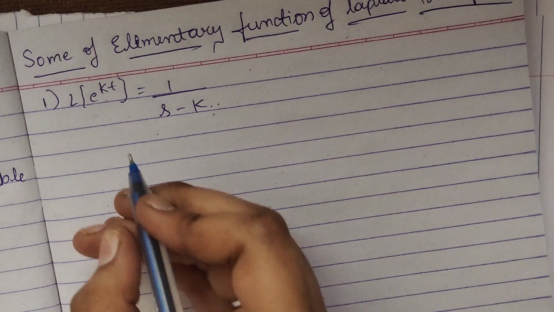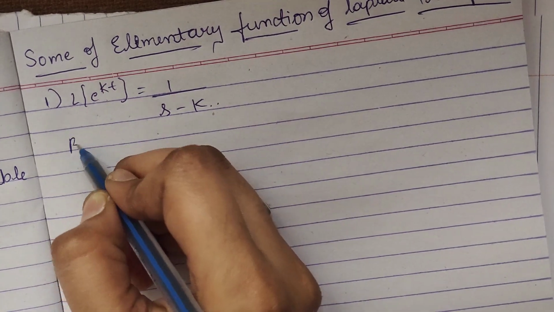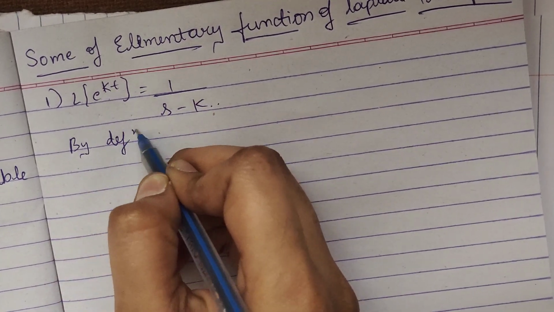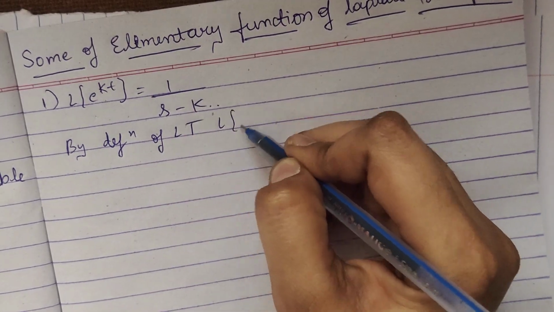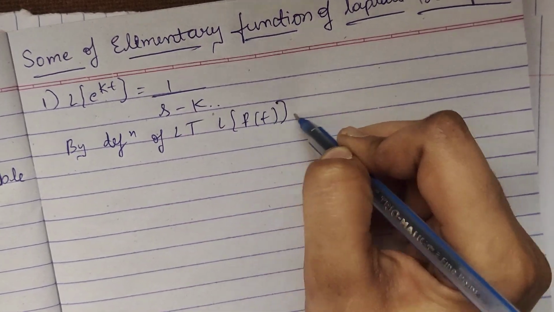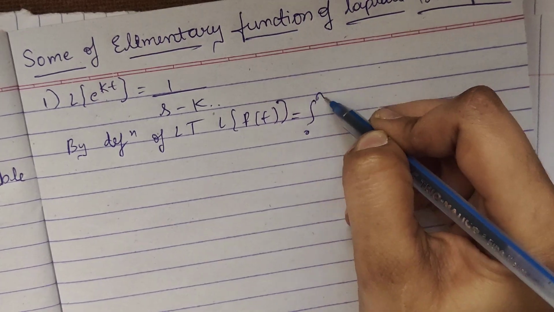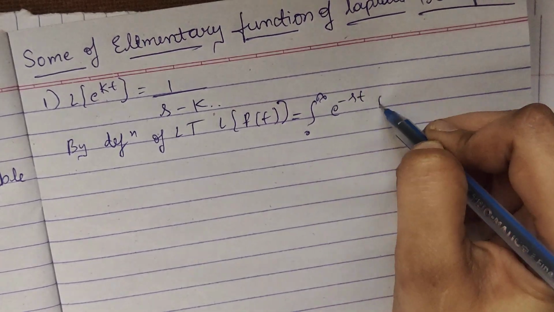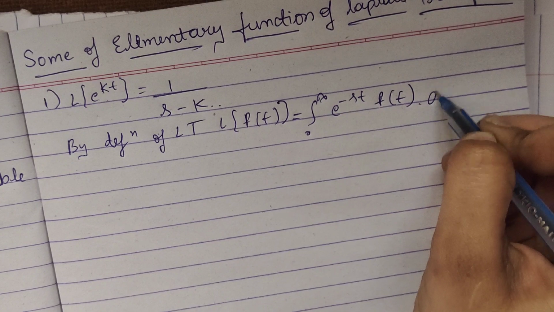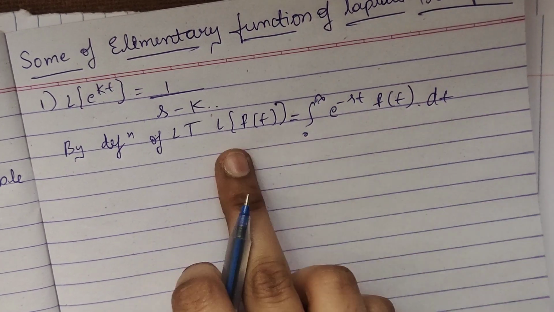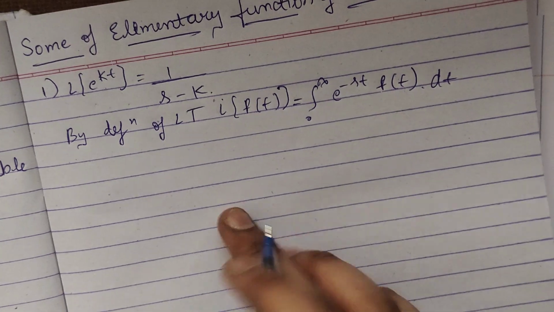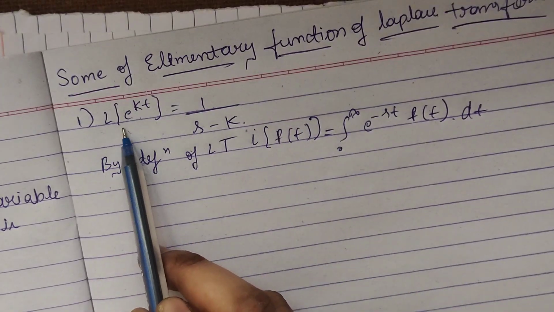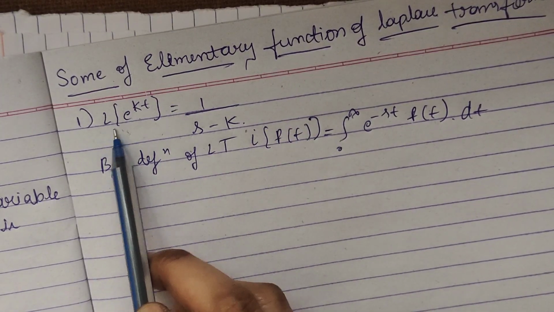Firstly we have to take the definition. By the definition of the Laplace transform, L of f of t is equal to the integration over 0 to infinity of e power minus st f of t dt.